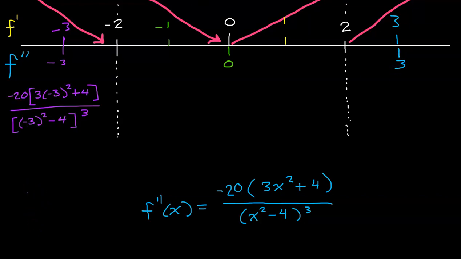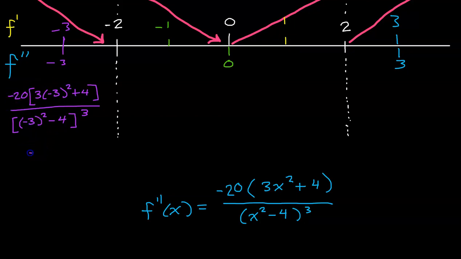So evaluating the second derivative at -3, the setup will look like this. We have -3 squared. That's going to be a positive 9. So everything inside this bracket is going to be positive. I have a positive 9 times a positive 3, plus 4. That's definitely going to be positive, and then times a negative.